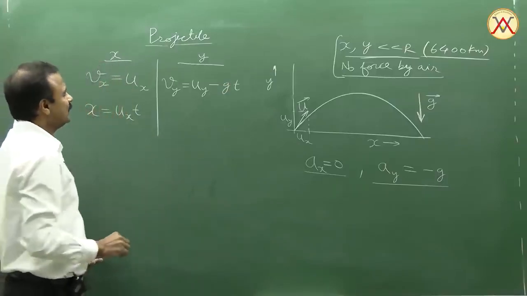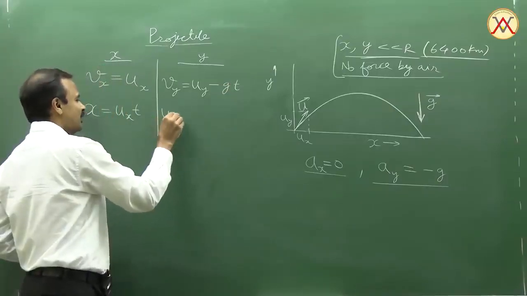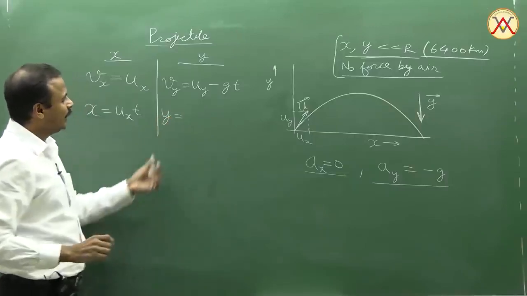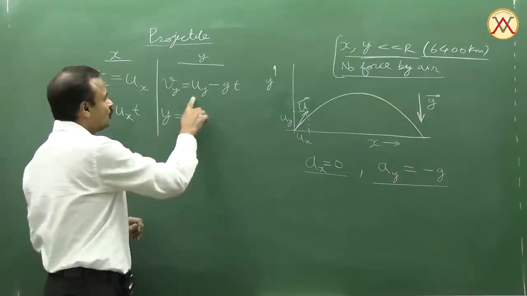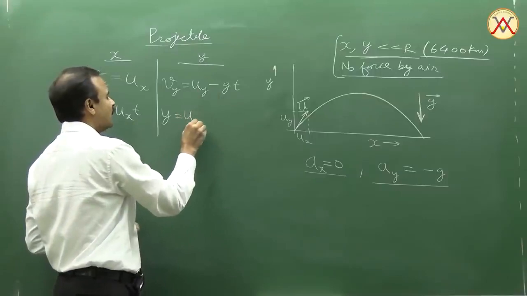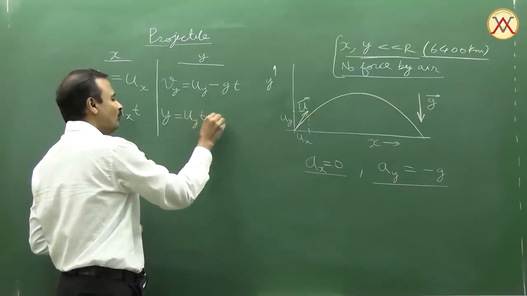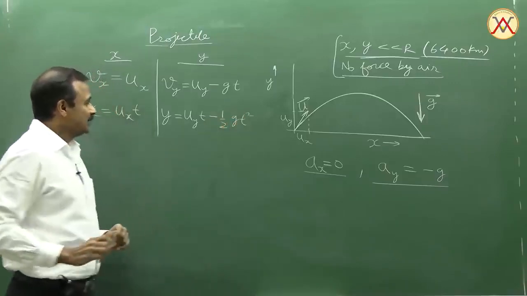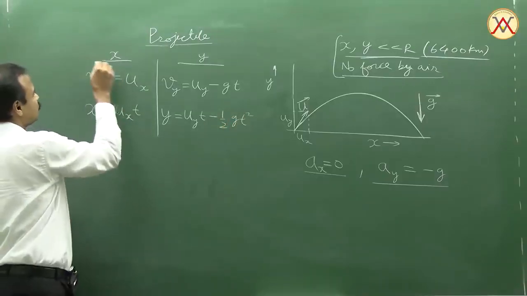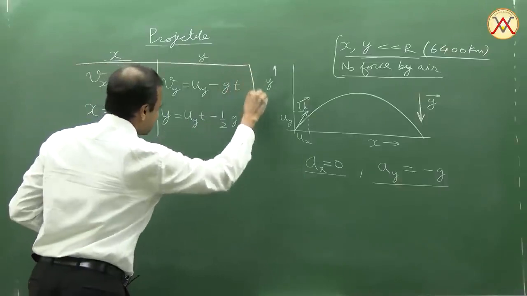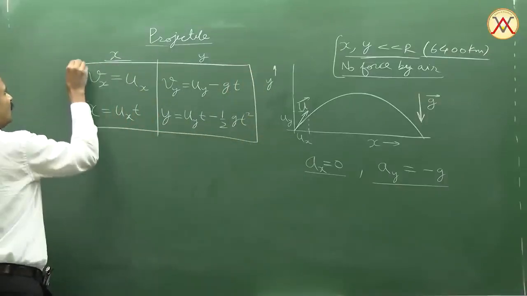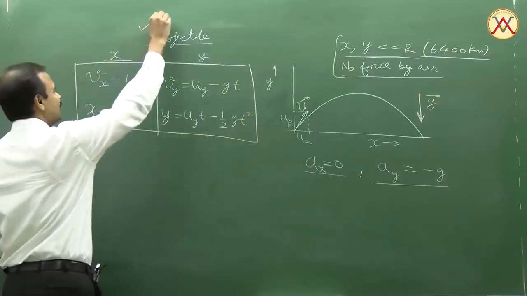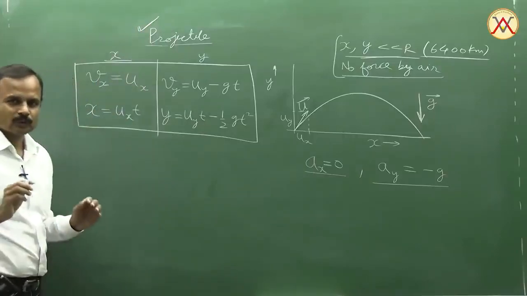And the second equation of motion will give me y is equal to uy t minus half g t square. These are the four basic relations for dealing with the problems of projectiles.